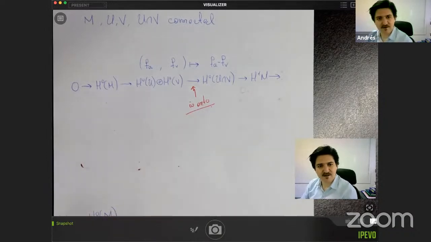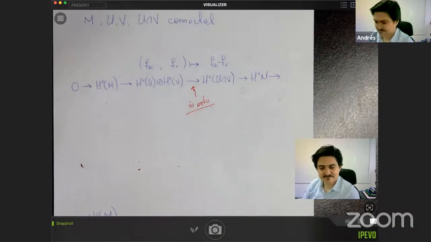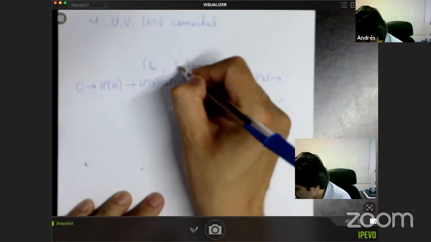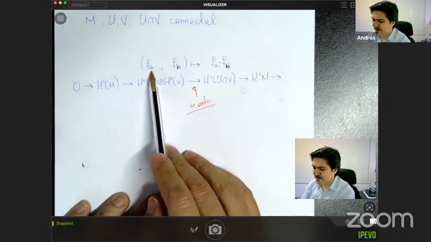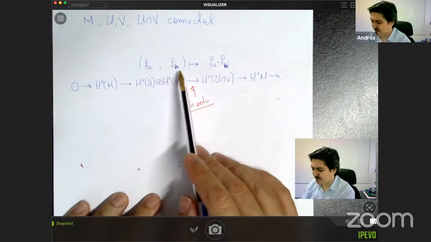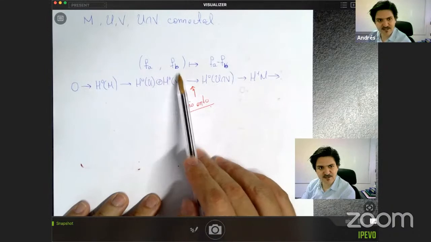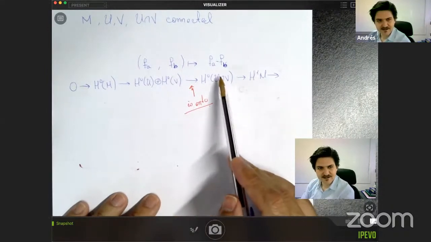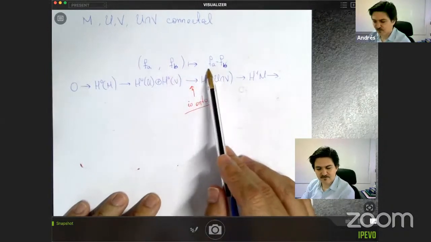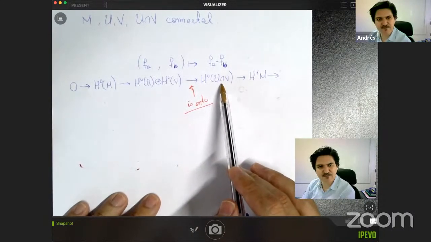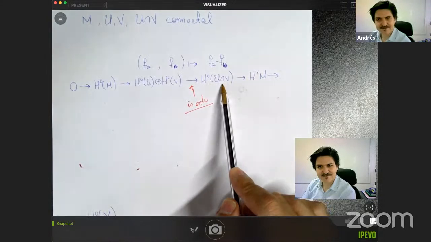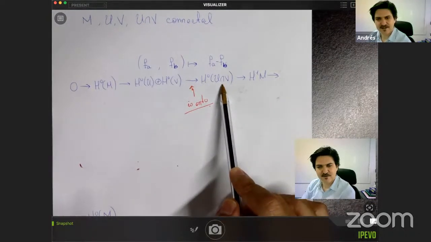So again, it is a constant function. If this is the constant function A on U, the constant function B on V, then this map will give you the constant function A minus B here. Okay?